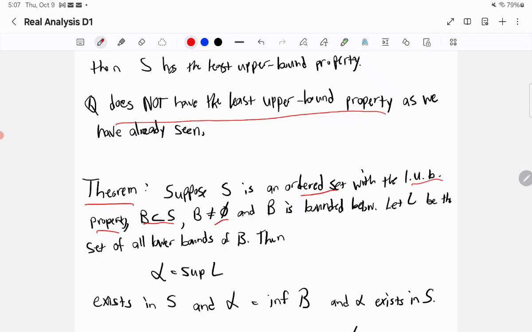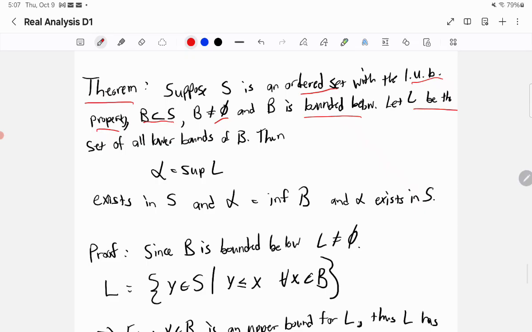And furthermore, B is also bounded below. Okay, so we have the following things. We know that S has the least upper bound property, and we know that this particular subset of S is bounded below and is non-empty.